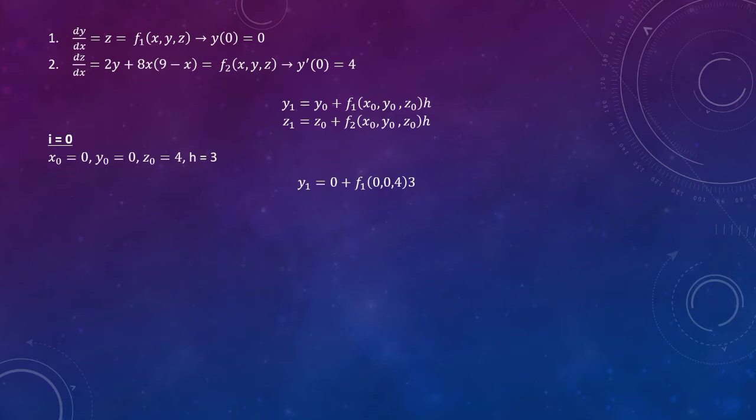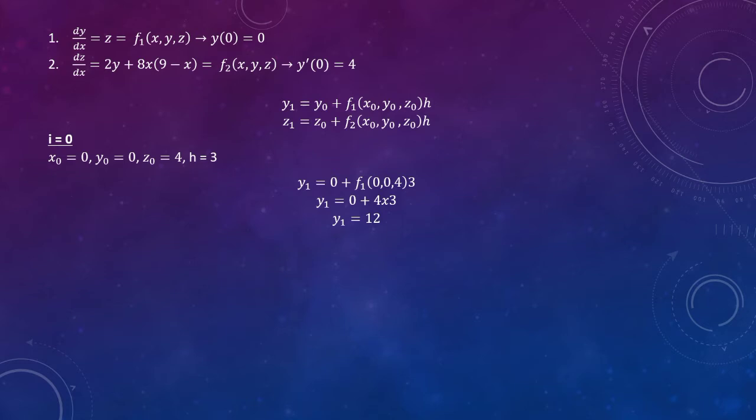For our first function, dy over dx is equal to z, so it is nothing but z. And we know z sub 0 is 4, so we only have 4 for the first function. So y sub 1 is equal to 0 plus 4 multiplied by 3, and that will give us the value of y sub 1, which is 12.